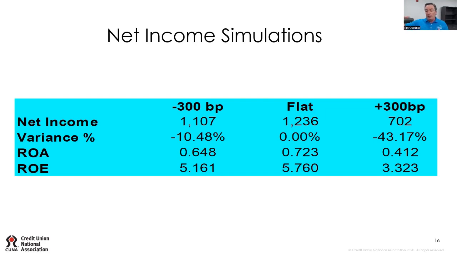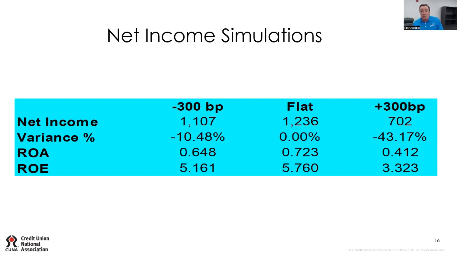And because there's a chance of a bigger decrease in the yield on assets, that's what gives me the potential for a decrease in net income in a decreasing rate environment. So again, we just want to be able to think in terms of the instruments that we have on our balance sheet and how they might impact our bottom line.